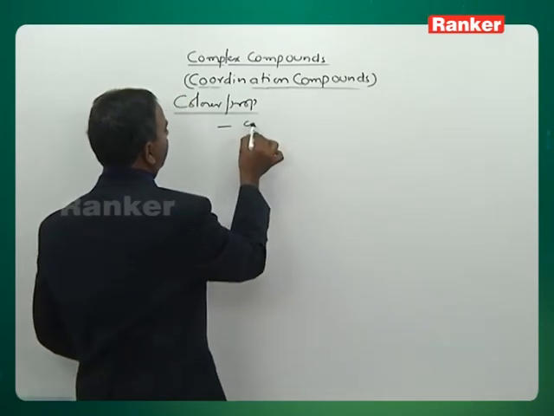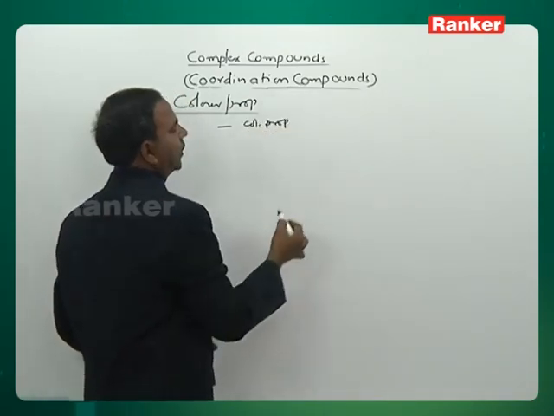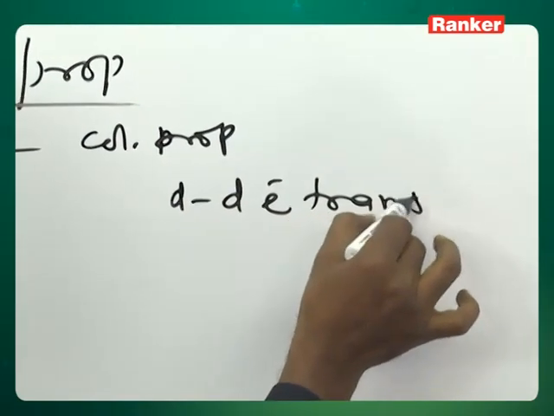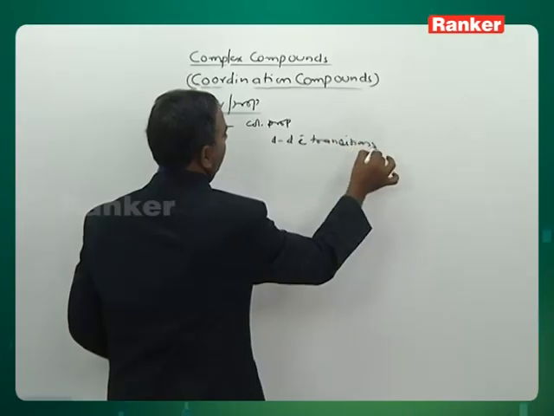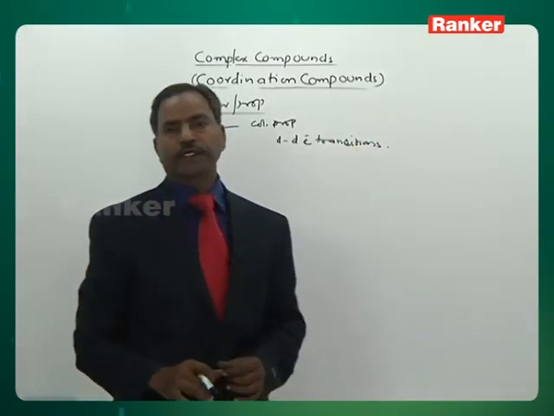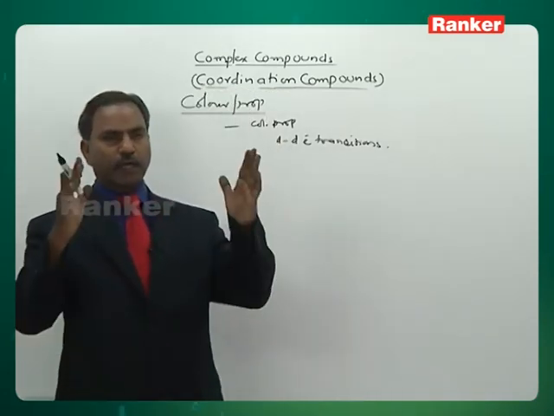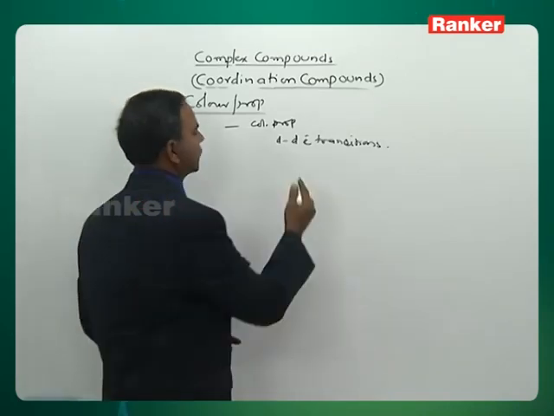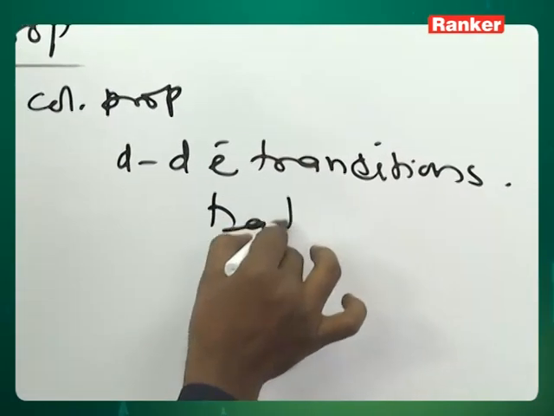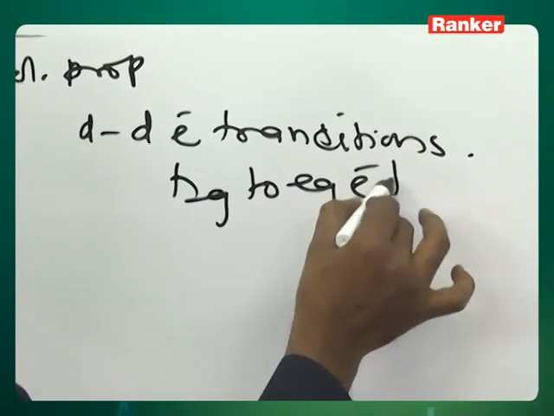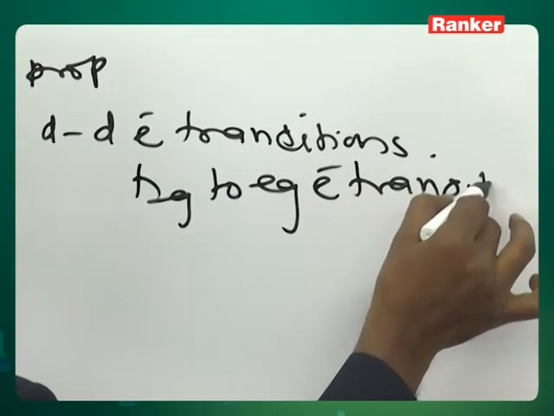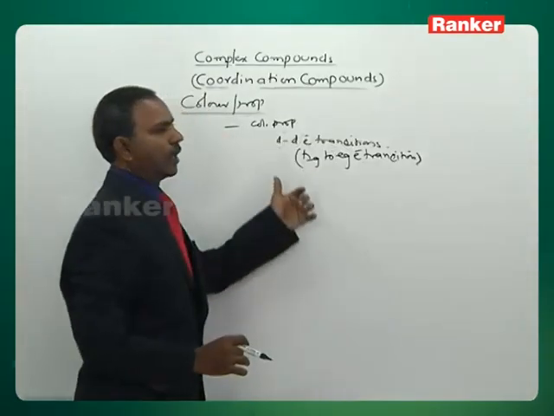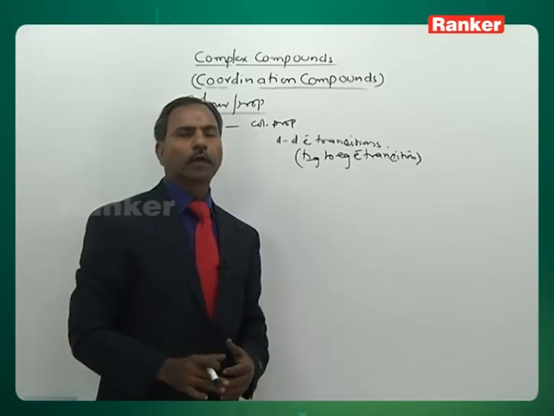This is based on d orbital to d orbital electronic transitions, or more specifically, t2g to eg electronic transitions. According to this concept, you can thoroughly explain the d to d transition, or t2g to eg electronic transitions.